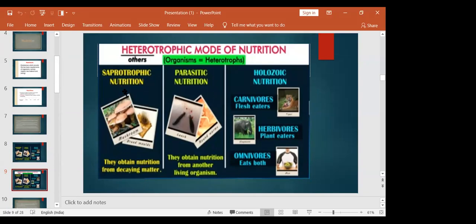The main common point between these three types of nutrition is heterotrophs. Those organisms perform heterotrophic nutrition. So the heterotrophic mode of nutrition is divided into three types: saprophytic, parasitic and holozoic nutrition. Please make a note, children.